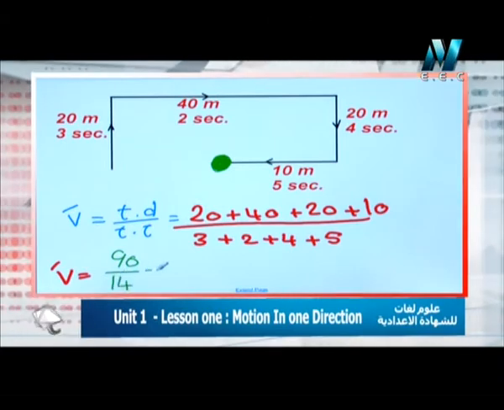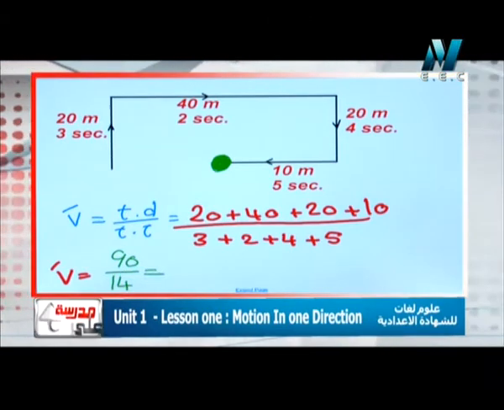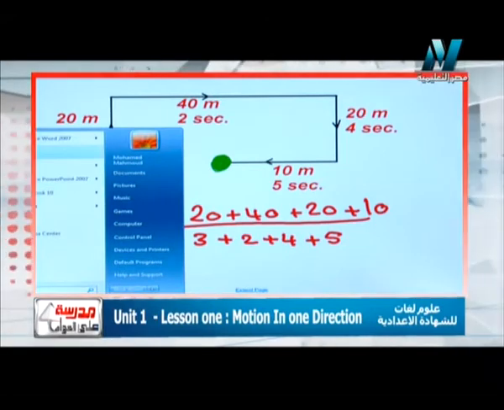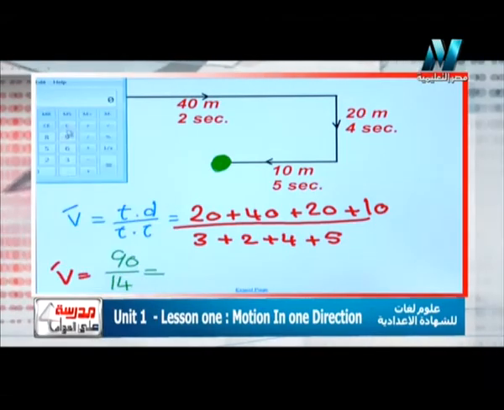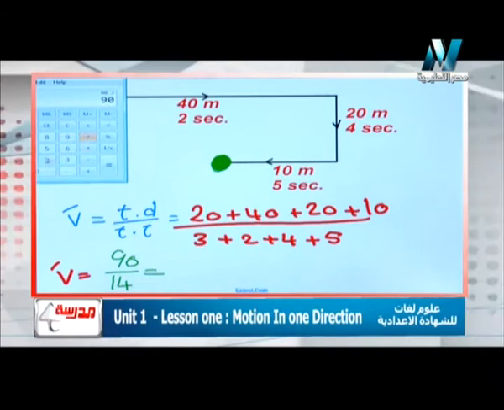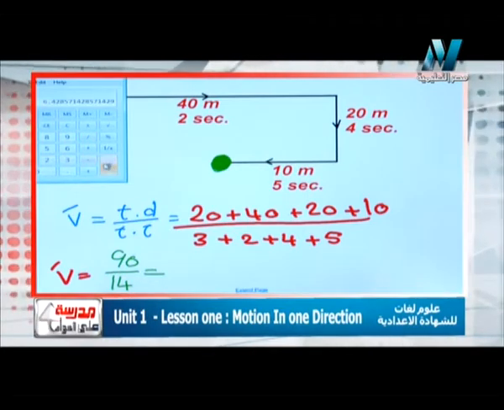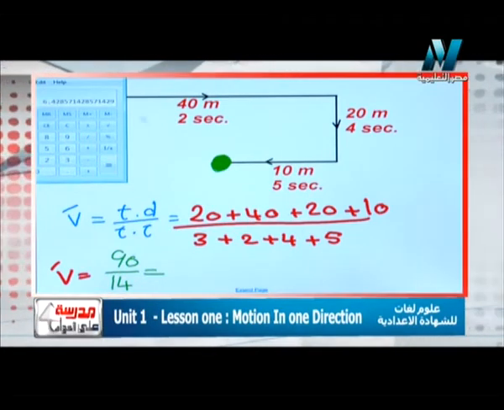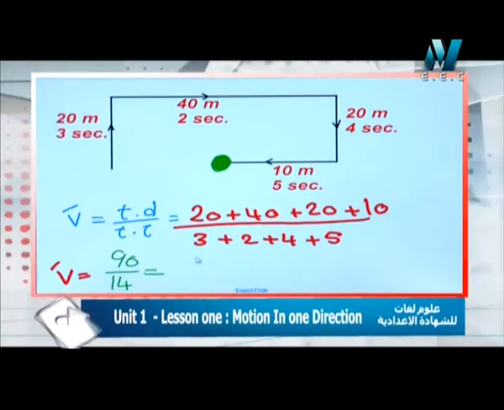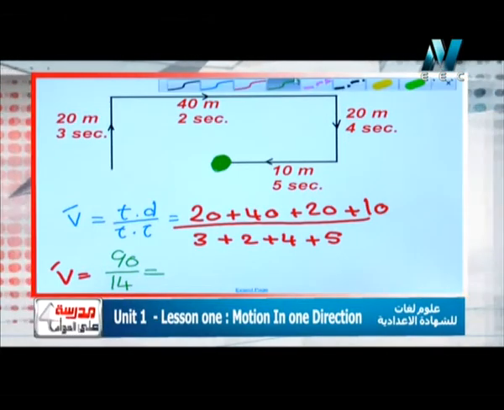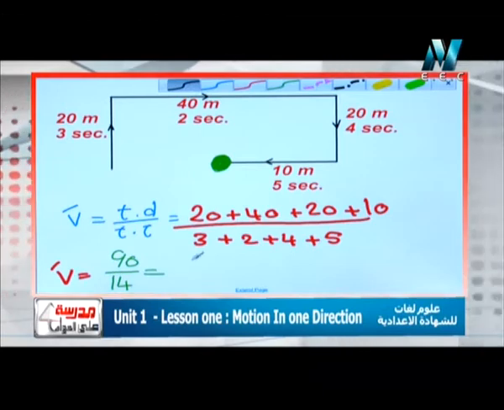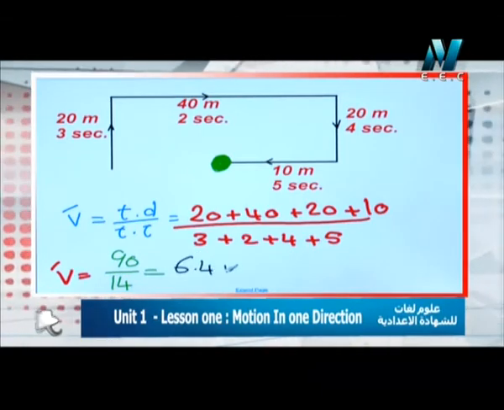So 90 over 14, by using calculator, 90 divided by 14 equal 6.4. 6.4 اكتبها كده، 6.4 meter per second.